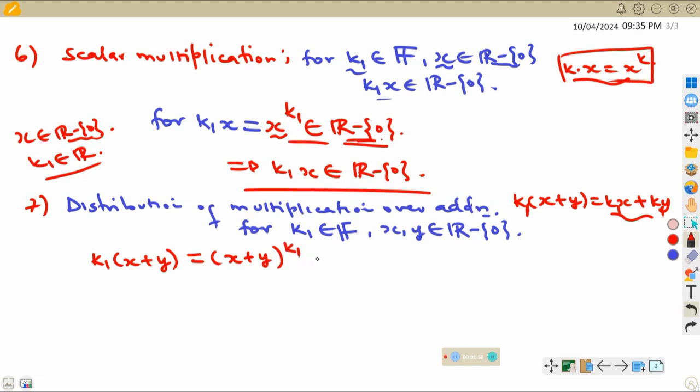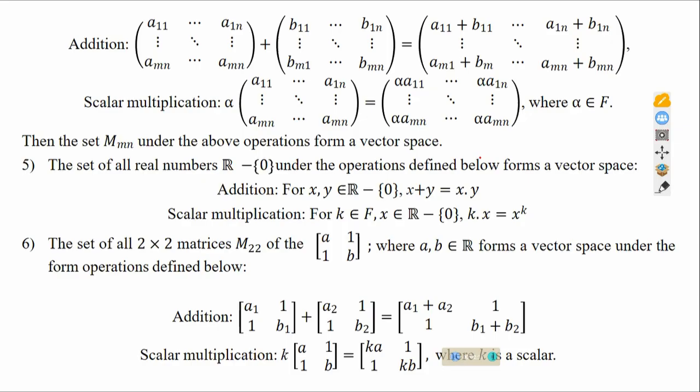We can also say that when we are dealing with addition of two vectors from R minus 0, by definition x plus y is the same as x times y. We are getting all this from here.